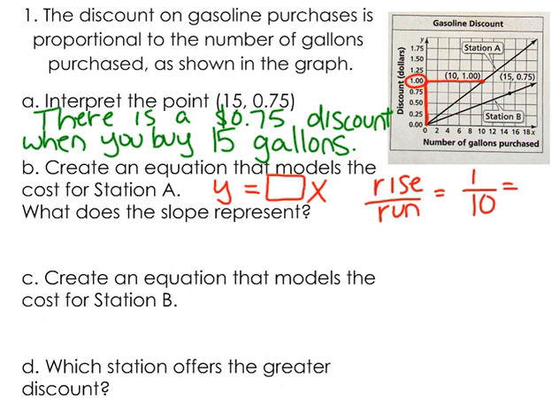Because I'm talking about money, it might be helpful to write it as a decimal. It's okay if you just said 1/10 though. So now I have y equals 1/10 x. And in the context of the problem, the slope will represent the unit rate.